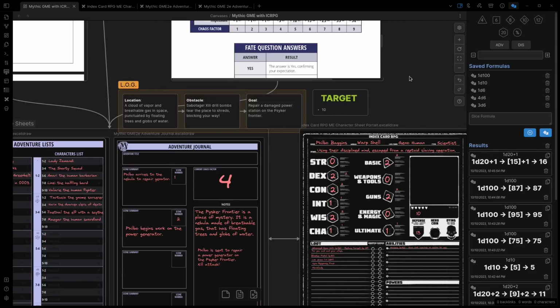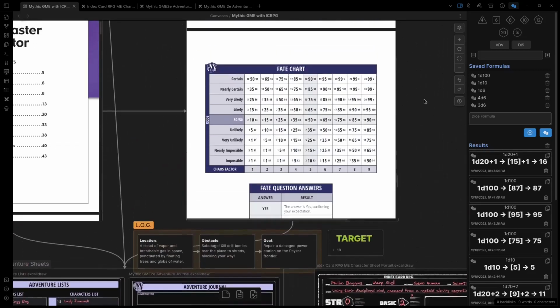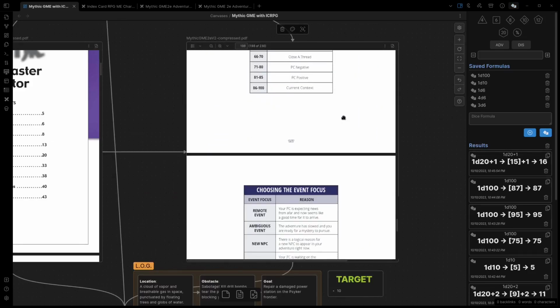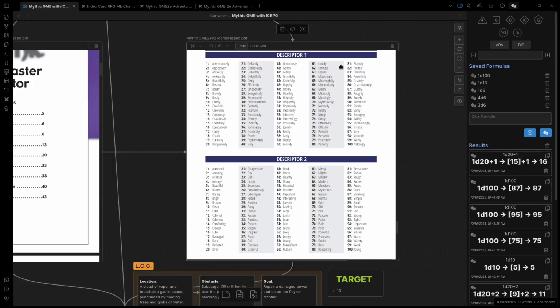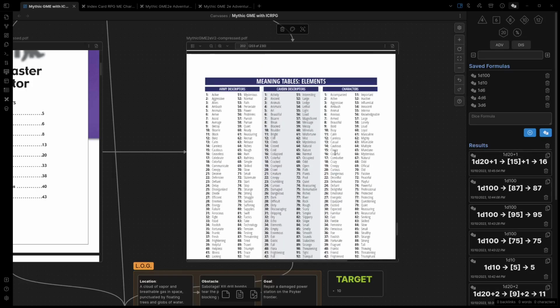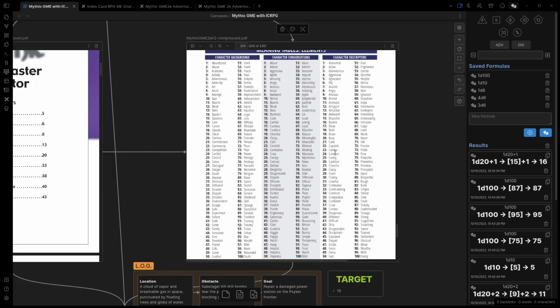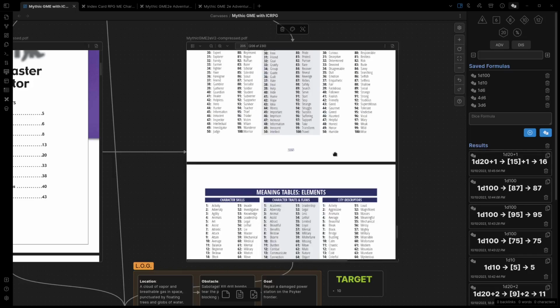So, let's see. What kind of damage is it? Let's ask the description tables again here. Okay, so we're going to ask. I don't remember what the other tables are here. Alien actions, caverns, army descriptors. I don't need character stuff right now. I need mechanical descriptions of sorts.